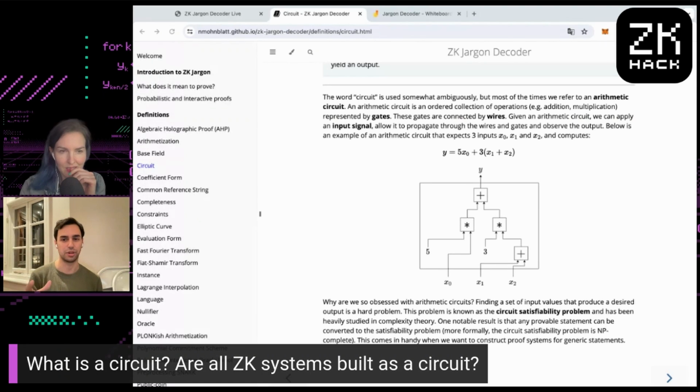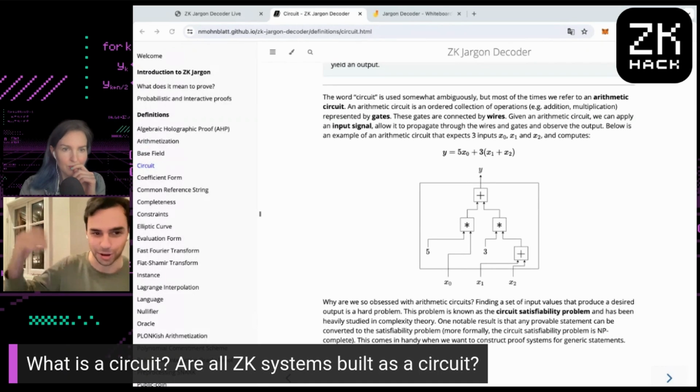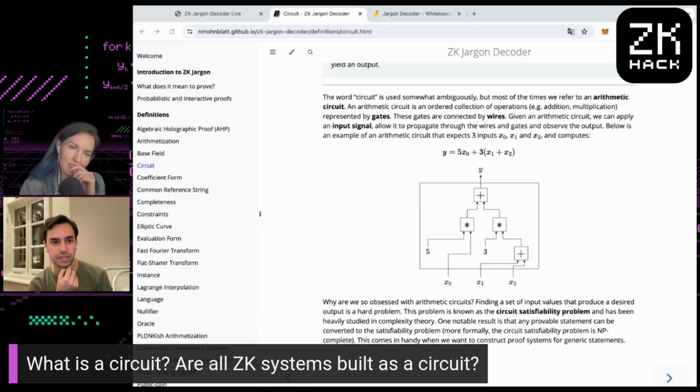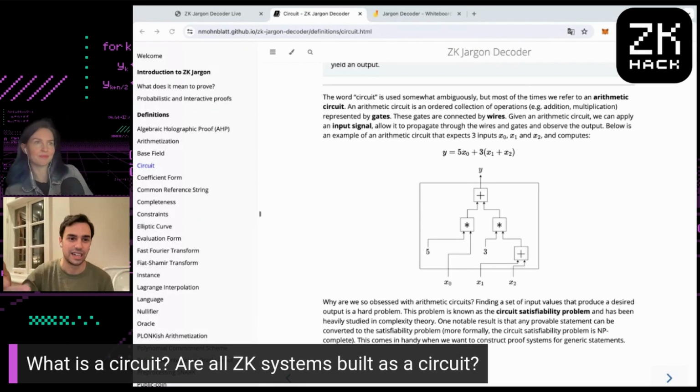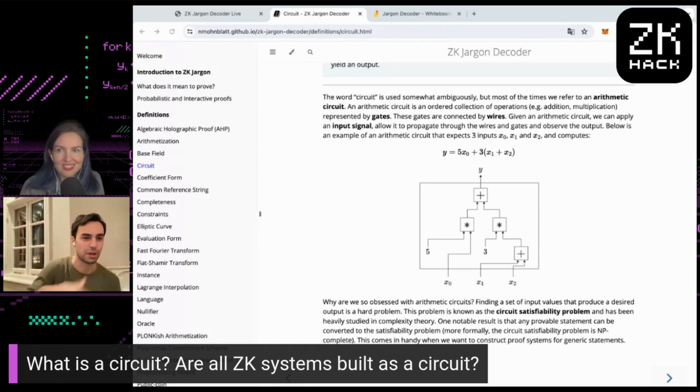And then if you can make a proof of knowledge, or an argument of knowledge, for a circuit, then you can do it for any provable question. So that's why we like circuits. But it's sort of inefficient, right? Because if I have something simple I'm trying to prove to you, I don't need to convert it to a circuit and then prove the circuit. Maybe I can just prove it without going through that extra circuit step. So are all ZK systems built as a circuit? No.